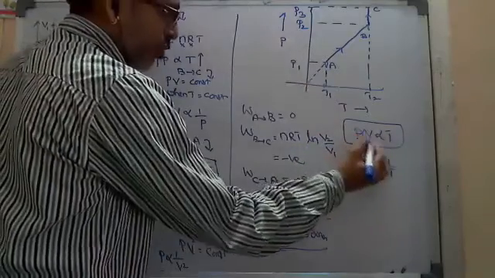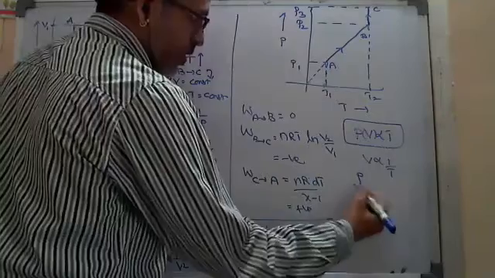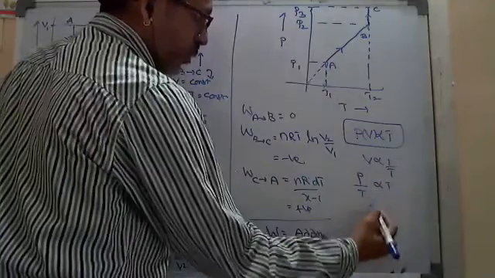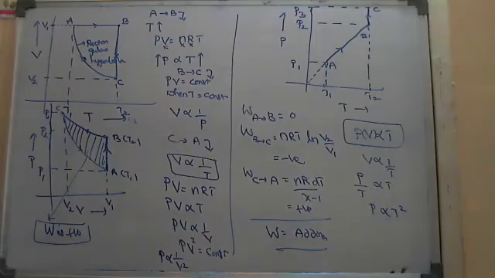So instead of volume I substitute 1 by T, so P is directly proportional to T square, you will get.